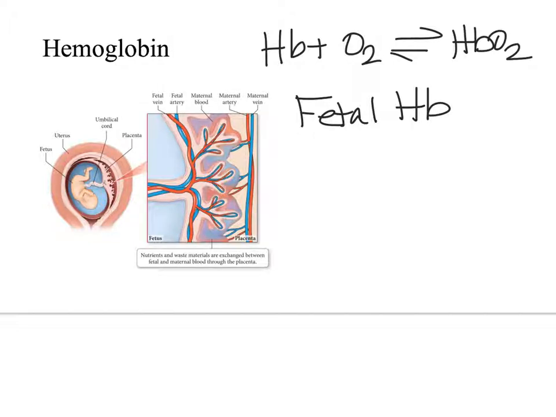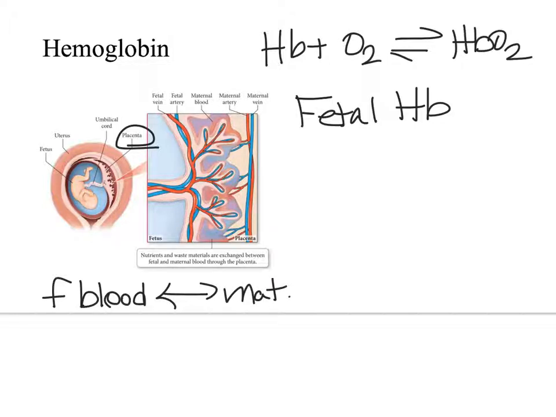When a woman or a mammal is pregnant, the baby is connected to the mother through the placenta. And the placenta has these small capillaries where the maternal and the fetal blood will exchange. So we have fetal blood and maternal blood.